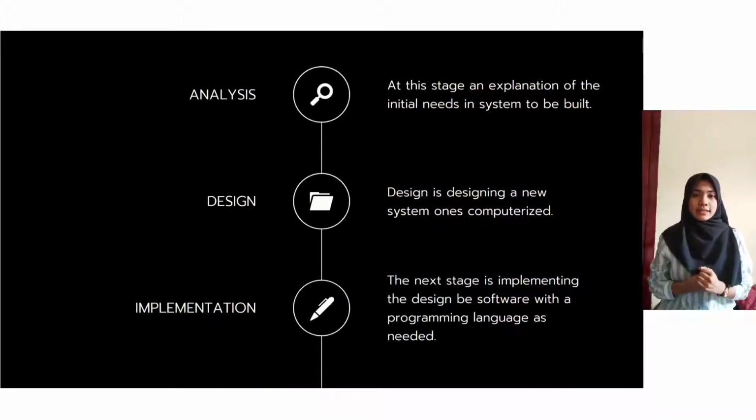For the analysis, at this stage, an explanation of the initial needs of the system to be built, and information is obtained through interviews with several sources, namely the deputy principal, several teachers, homeroom teachers, students, and parents. Information obtained later will be used as data to be carried on to the design stage.